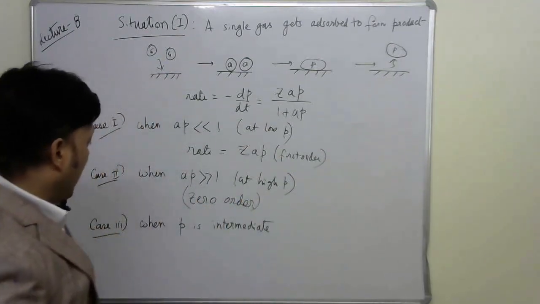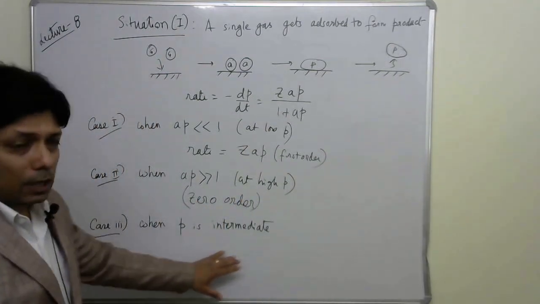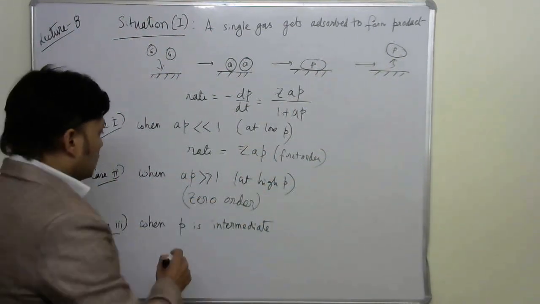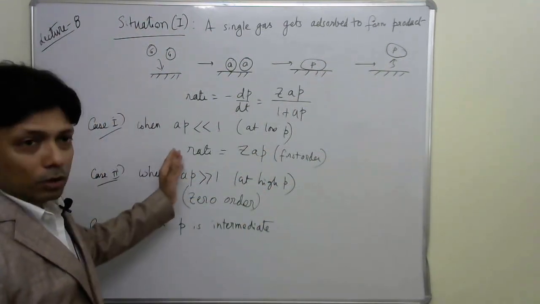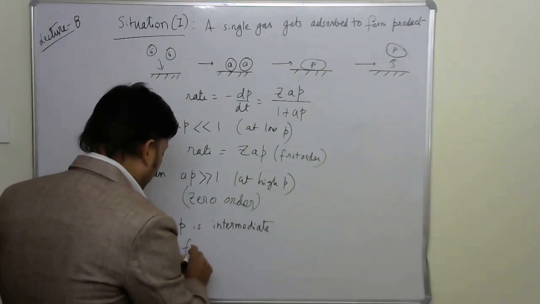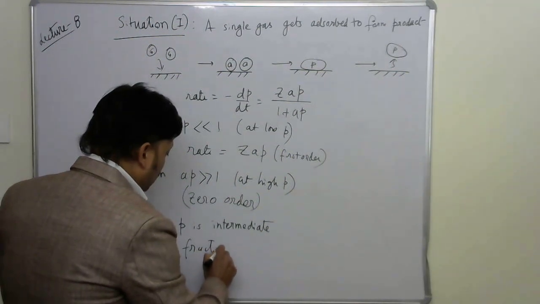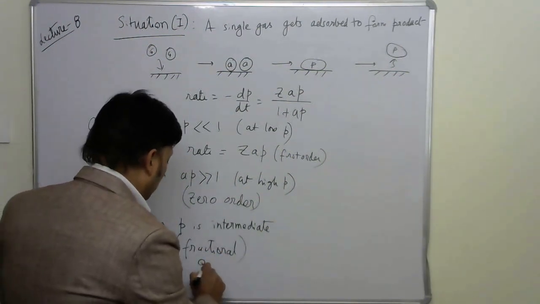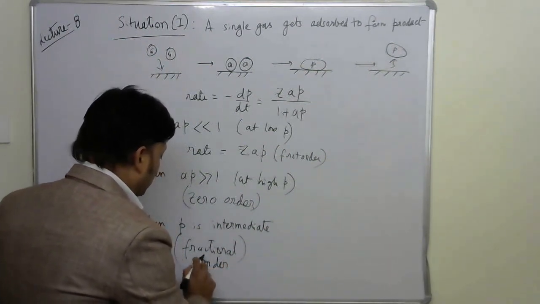In between, when P is neither very high nor very low, the order is greater than 0 but less than 1, so we can expect the order to be fractional. It is fractional order kinetics.